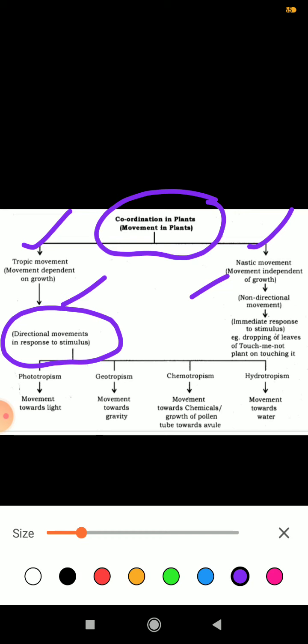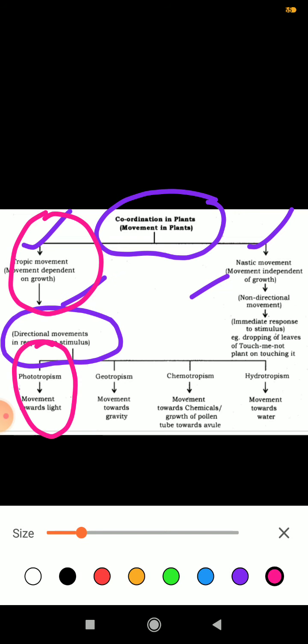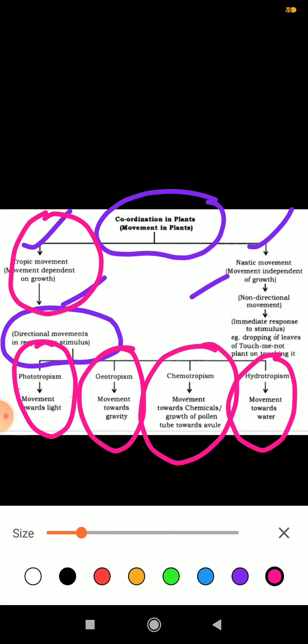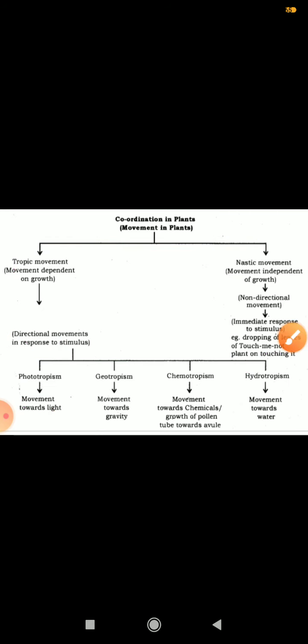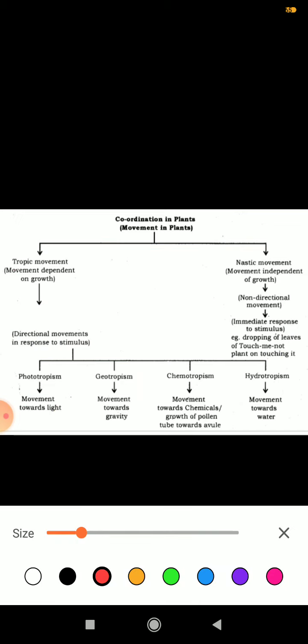We will study how, with the passage of time, but in this lecture I want to teach you about tropic movement. Under tropic movement we will study phototropism, geotropism, chemotropism and hydrotropism. First is phototropism: it is movement towards light. Photo means light.